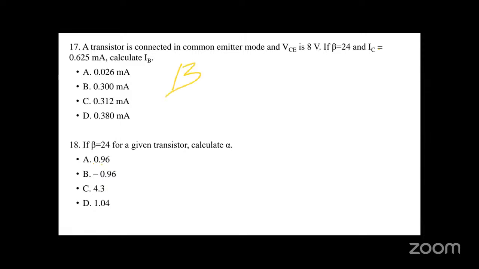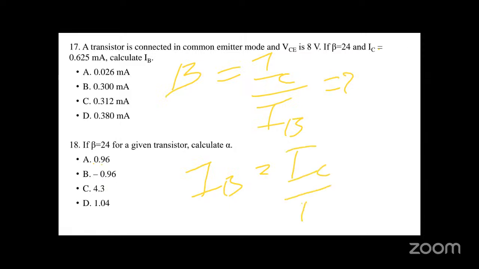Beta is IC over IB, which implies that IB becomes IC over beta. So IC is 0.625. Beta is 24.